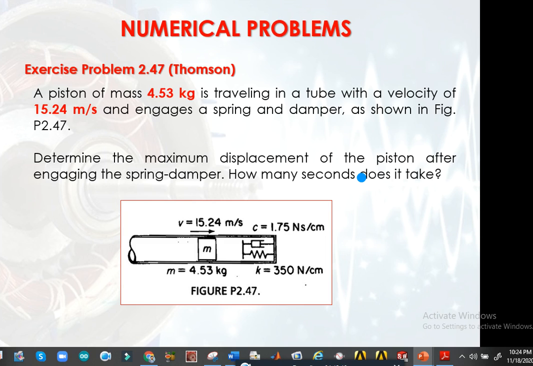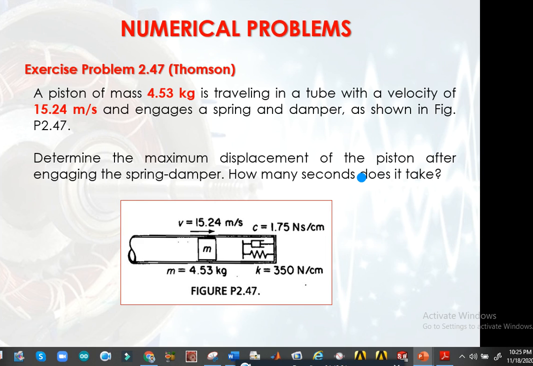So what do you think, how can we find out the maximum displacement of the piston after the collision? That means first of all we need to determine the response function of the system.